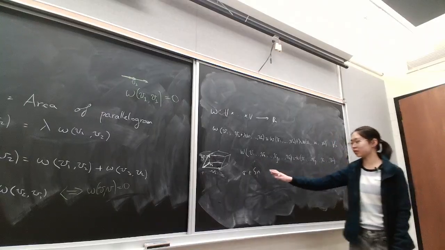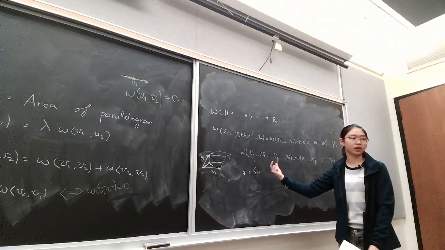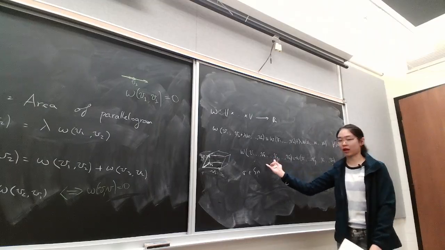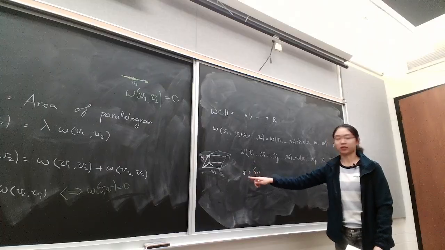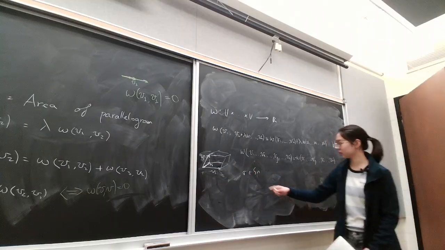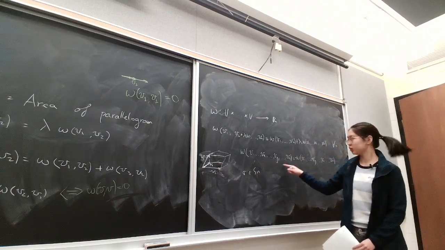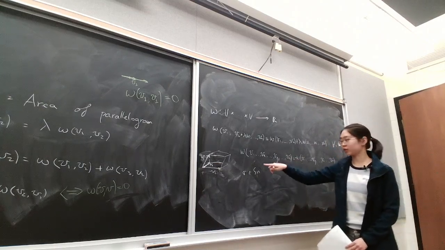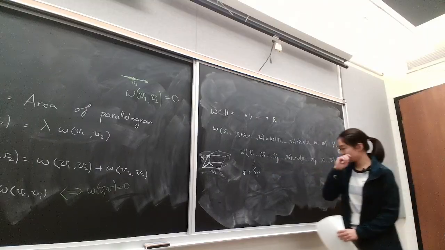Each permutation is equivalent to composing a bunch of swaps, right? This is swapping the ith entry and the jth entry. If you make an even number of swaps, you get positive here. If you make an odd number of swaps, you have a negative sign here, right?